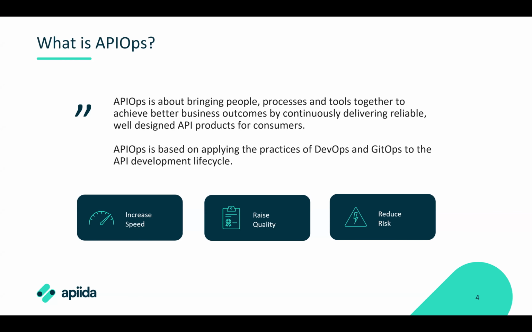First and foremost, about APIOps. If you're not familiar with APIOps yet, APIOps basically is our idea, our branding of applying practices and ideas and processes from DevOps, so from software development, and integrating them with GitOps, meaning working with a Git-based version control system.